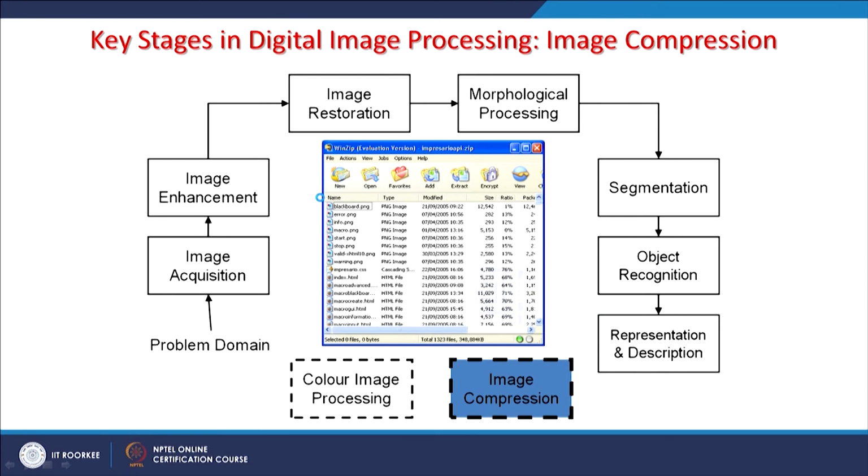Image compression, as I have already told you: when you go for real projects you have to handle a lot of data, especially satellite images, which occupy a lot of space, and especially multispectral or hyperspectral images, which will occupy a lot of hard disk space.